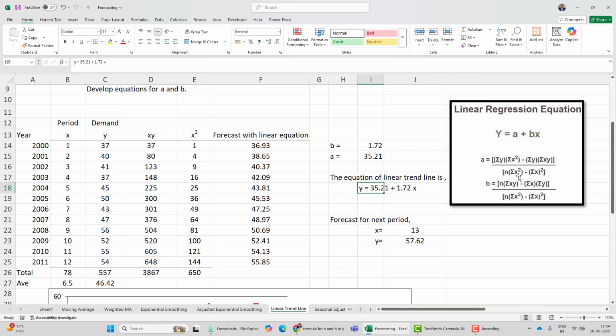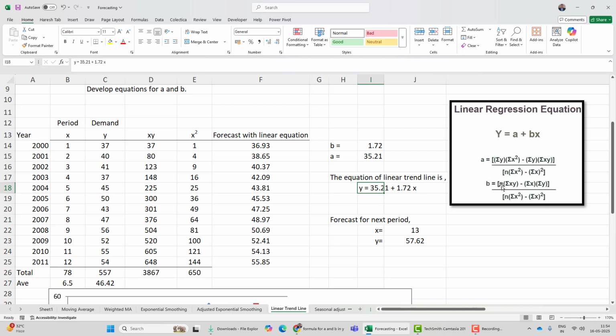You have to understand the difference between sigma of x square and sigma x the whole square; here sigma x the whole square is used. And for b it is n times sigma xy minus sigma x into sigma y.